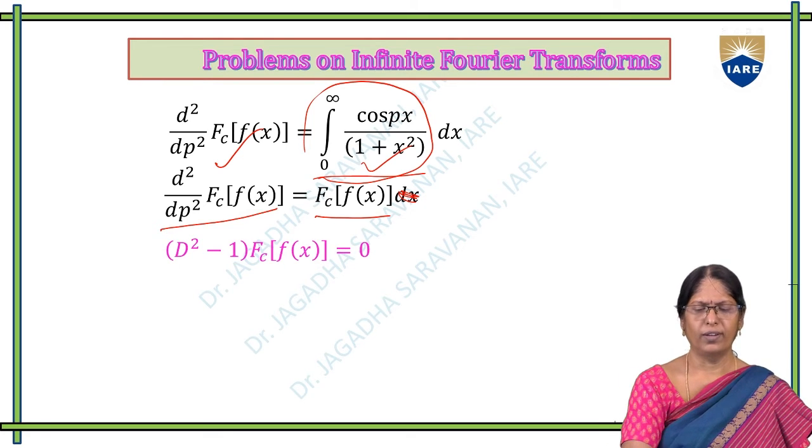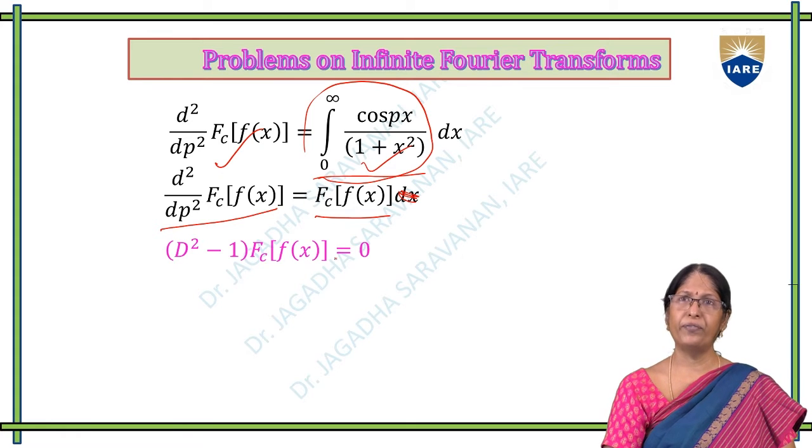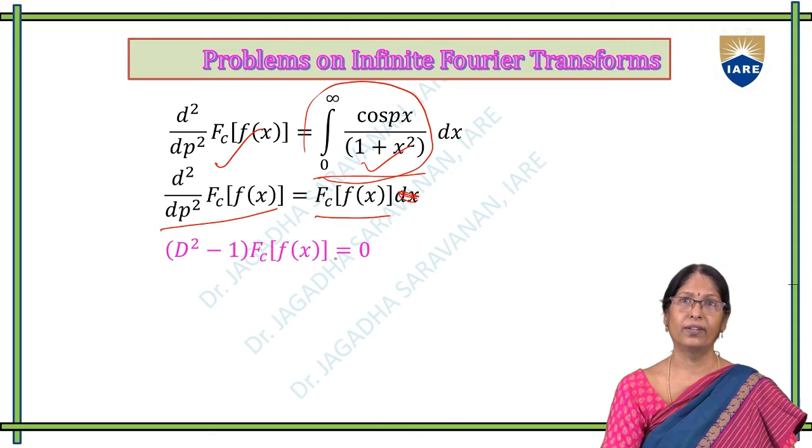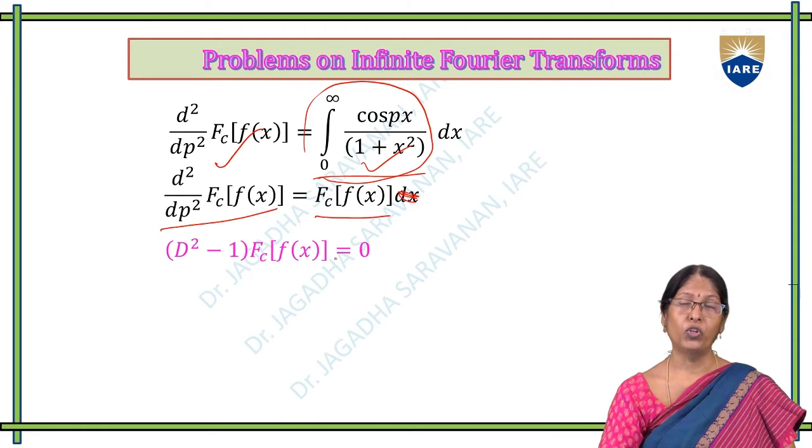Now, this, we got one differential equation. The main reason, at the starting we multiplied both the numerator and denominator by x, one assumption we did. Add and subtract, one assumption we did.